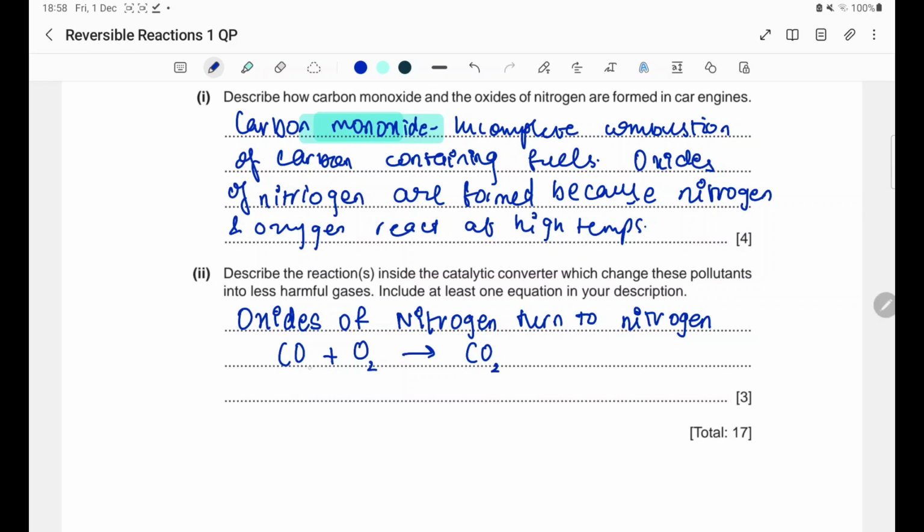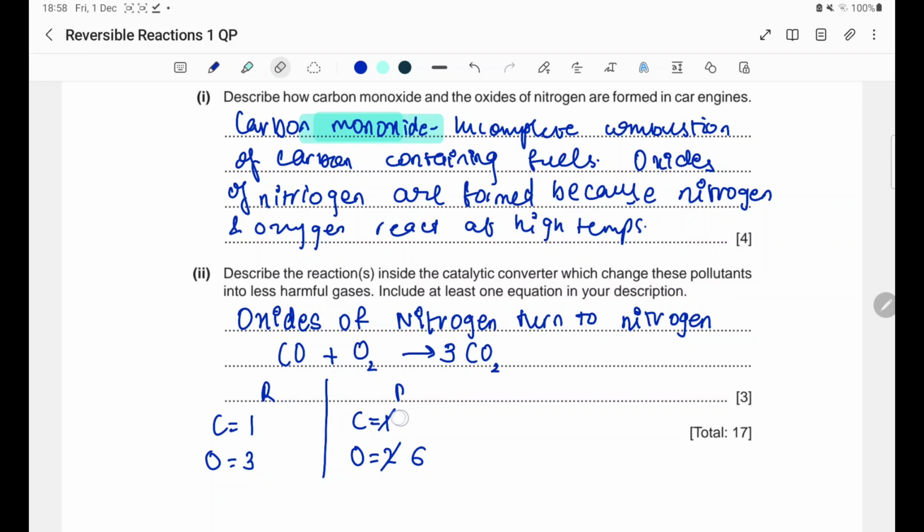Over here, we have 3 oxygens and 1 carbon. Although this is quite easy to do mentally, I will do it properly for you guys to understand. Carbon is 1, oxygen is 3, carbon is 1, oxygen is 2. So if I put 3 here to balance it out, I get 3 and I get 6.